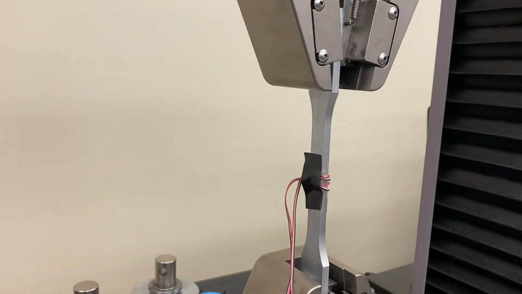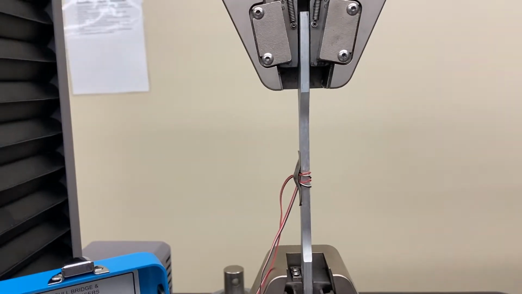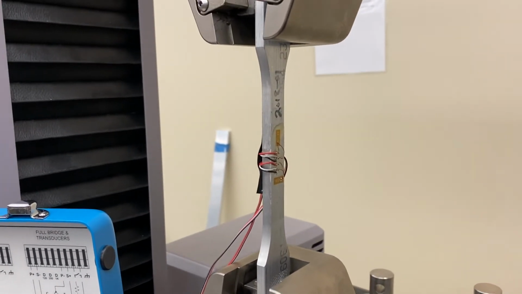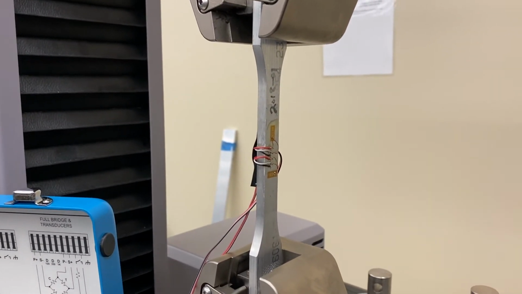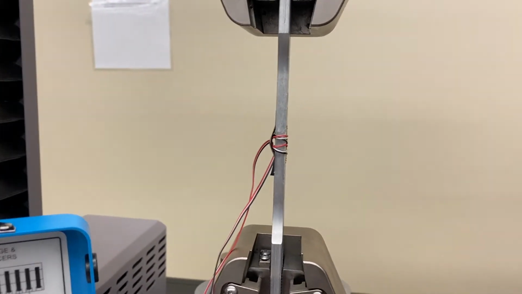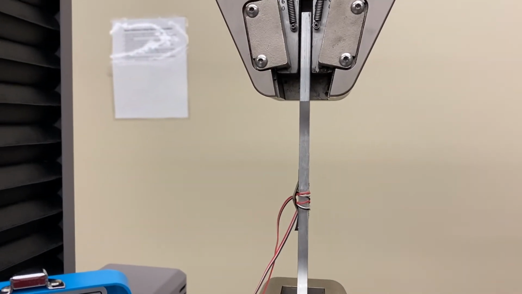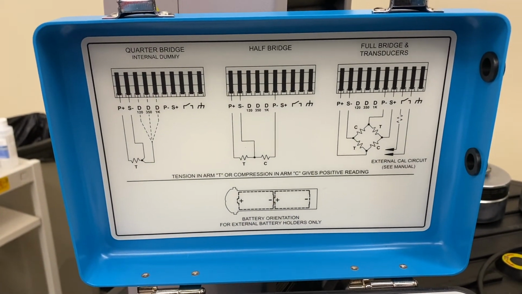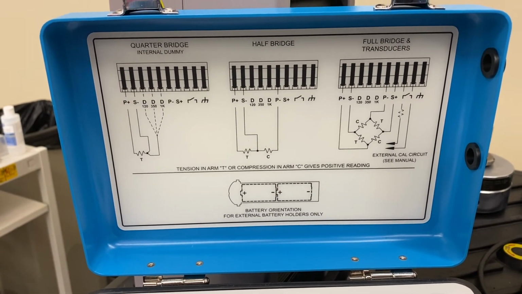So our specimen has now been placed into the flat grips. The bottom grip has been tightened, the top grip has not. You'll see it's a 6061 T6 aluminum sample, where the grips have the larger region of the sample, and the interior region is a little bit smaller where the strain gauges are placed.